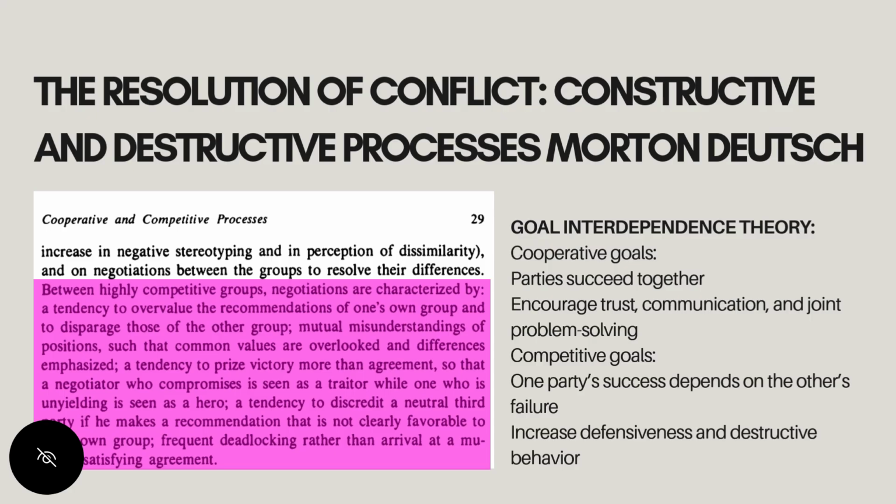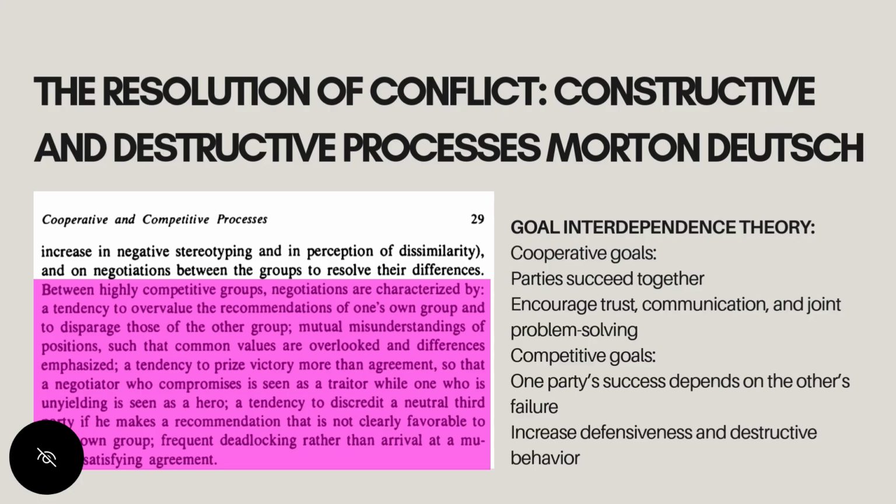I thought the quote on page 29 really reflected this. Creating frequent deadlocking rather than arrival at mutually satisfying agreement with the competitive goals. There's an obvious power imbalance with the competitive goals, as this party is going to have the majority of the control on who gets to engage.